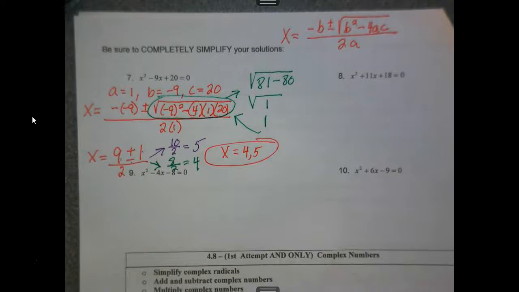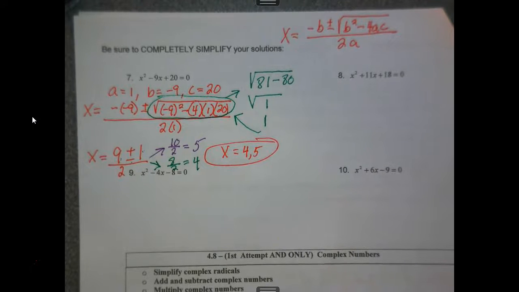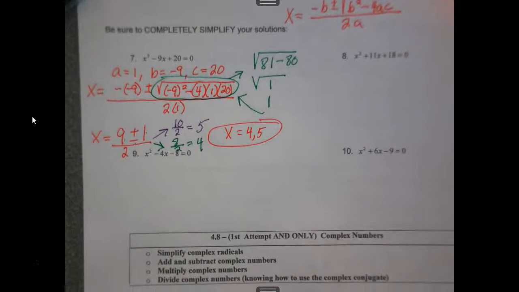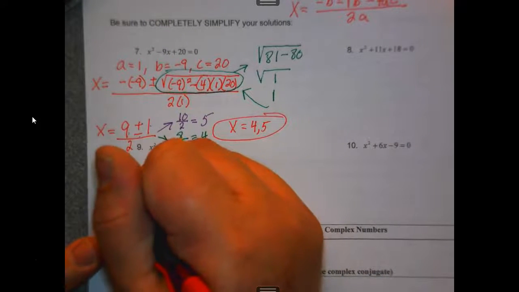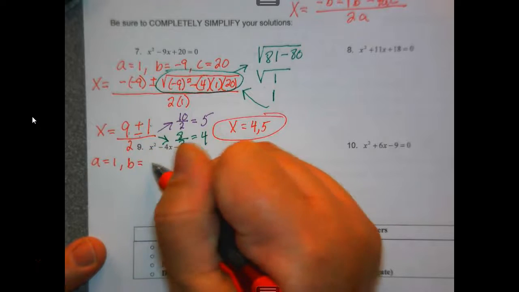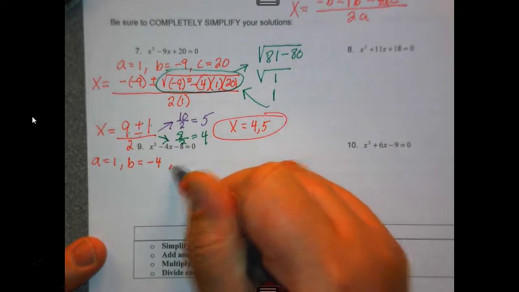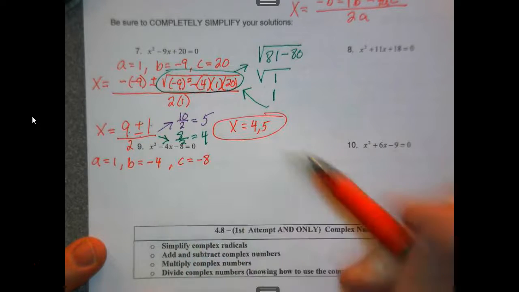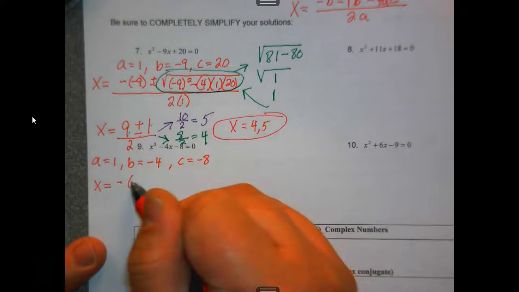Questions? Comments? Concerns? Okay, number 9. Go watch the video when I'm done. My a is 1. My b is what? That's right, kids, negative 4. What's my c? Okay, so x equals negative, what's b?